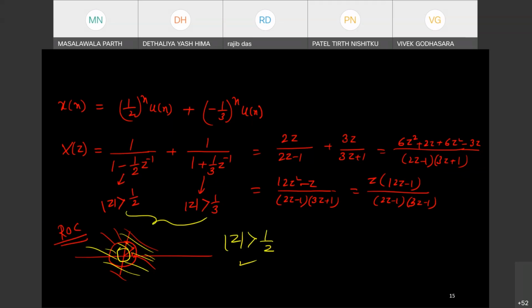Okay. Now if one is right side sequence, other one is left side sequence, then what you will get? Right?